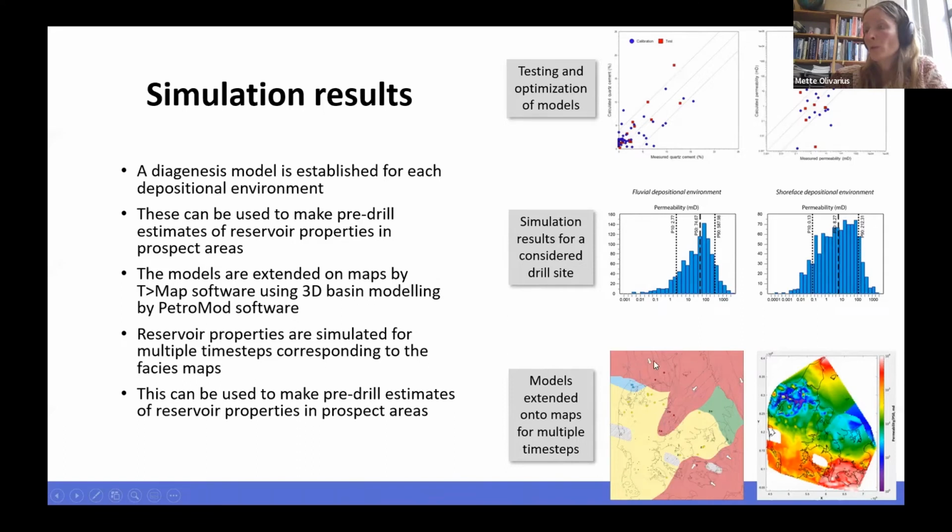So we use our information here from the facies maps to model the permeability at this specific time slice. And these pre-drill estimates can be really important to estimate the reservoir properties in prospect areas when you have no nearby well data.